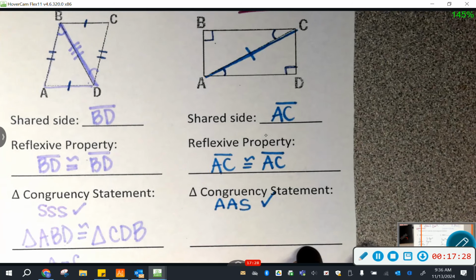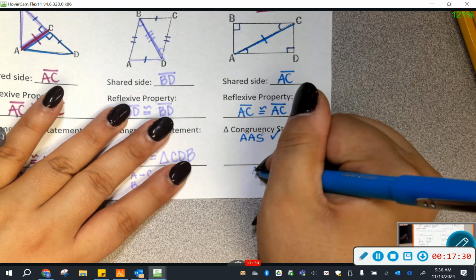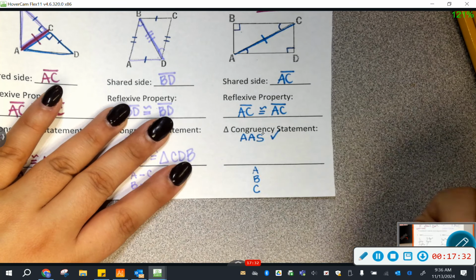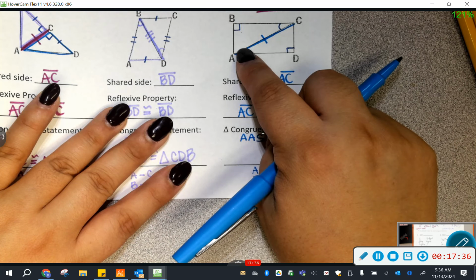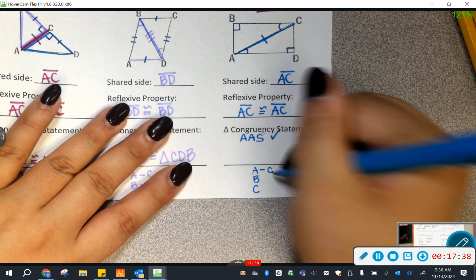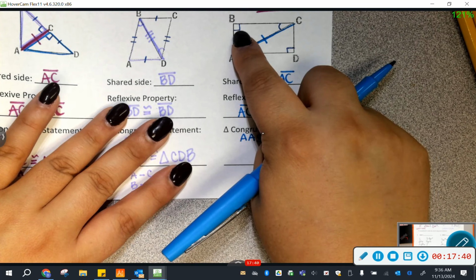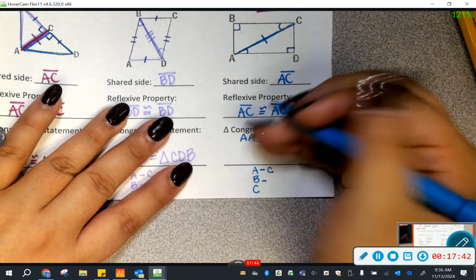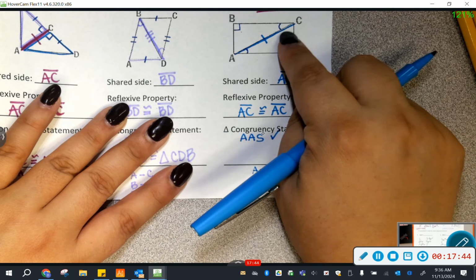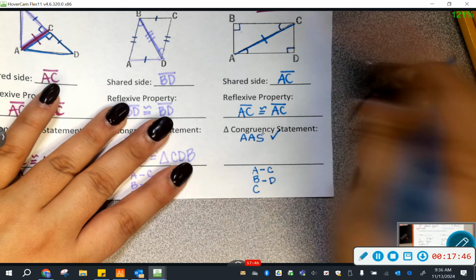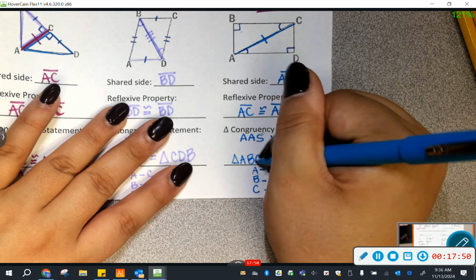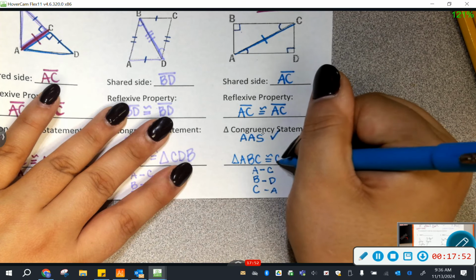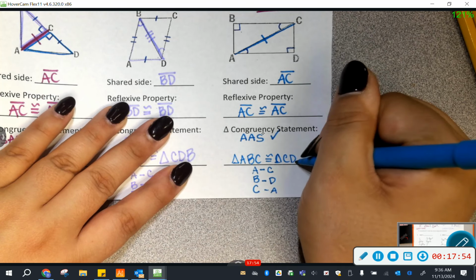Alright, and let's do, I have ABC. What goes with A? What has nothing on it? On the other triangle, C. What has a 90 degree? And then what has the little arch? So triangle ABC is congruent to triangle CD.